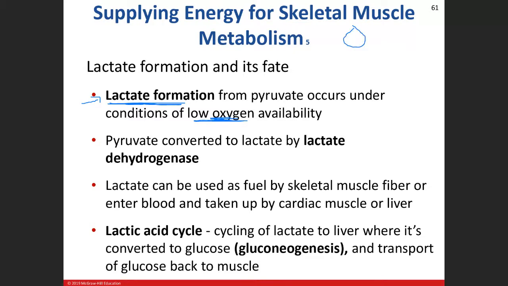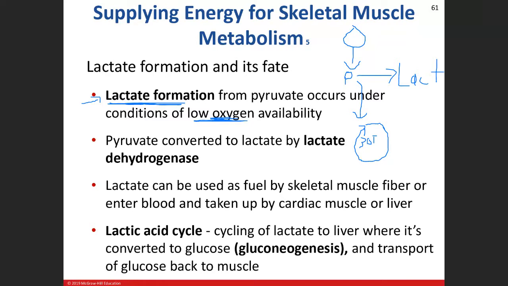Here's the glucose molecule. At the end of glycolysis, we have pyruvate, and pyruvate has a couple different options. It can go into the mitochondria and go into that Krebs cycle and get turned into 30 ATP. But if there's no oxygen, then it can be shunted over here and get turned into lactate.